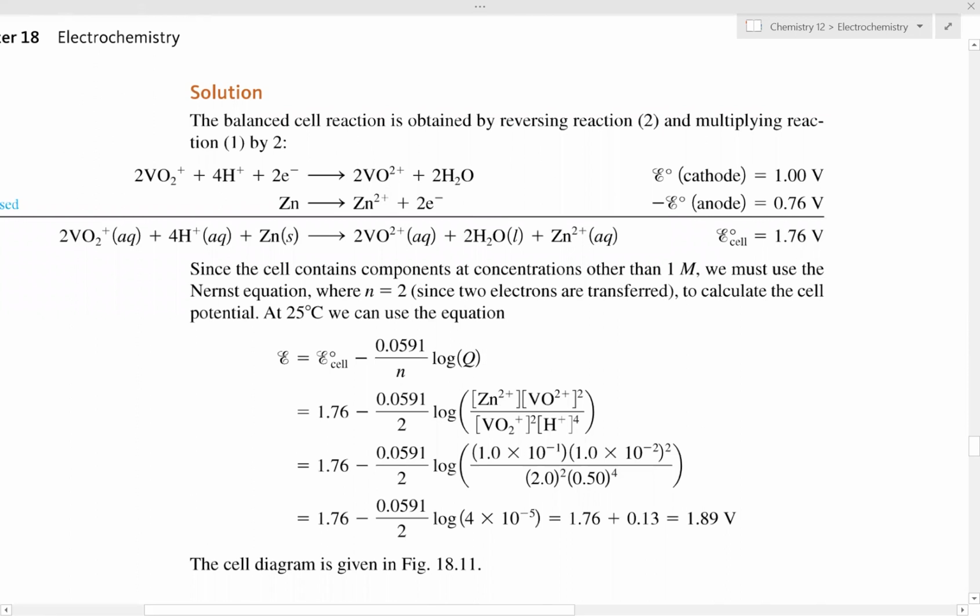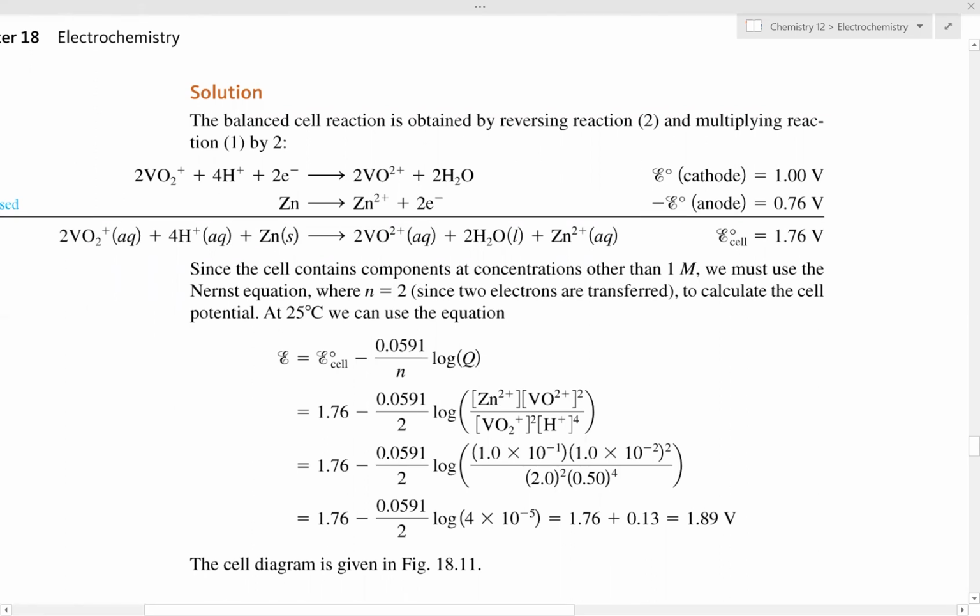A lot of times what they'll be asking you to do is justify whether or not the voltage will be increasing or decreasing if the concentrations were not at 1 molarity. For Chemistry 12, all you need to do is talk about equilibrium shifting to the left or to the right. But you should also be able to quantify how much it shifts by.